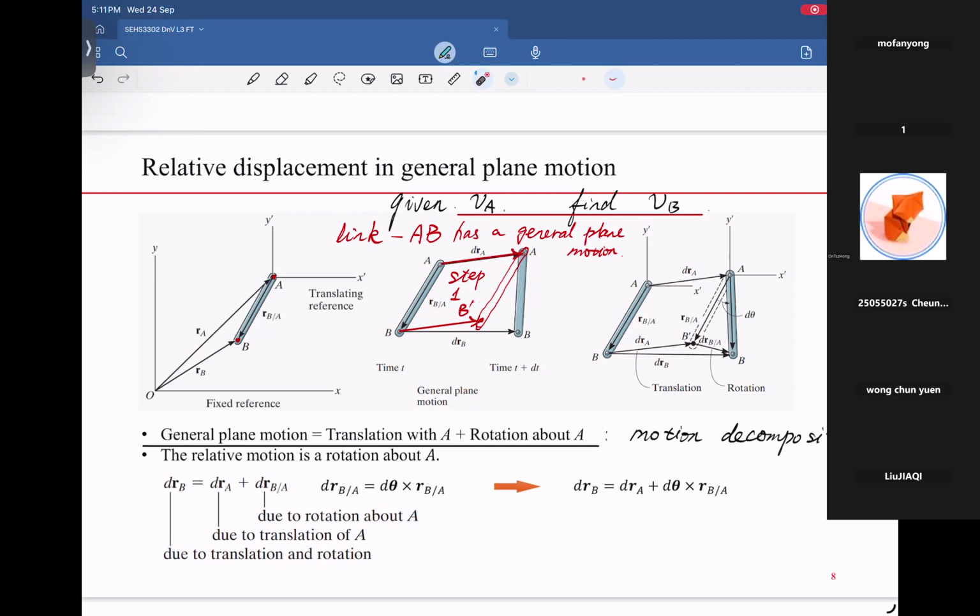Okay, we got the answer. It is a translation. Very good. So of course it is translation. So step 1 is translation.